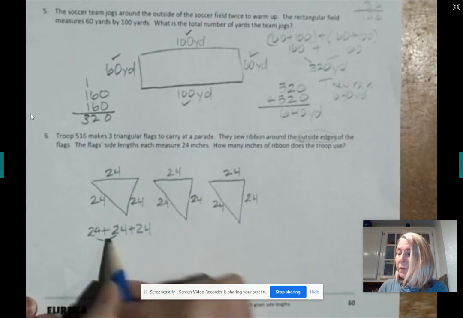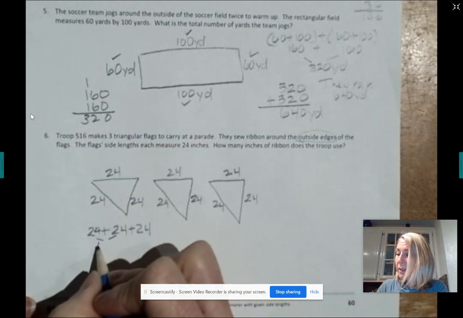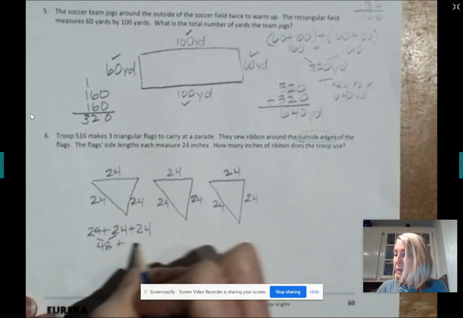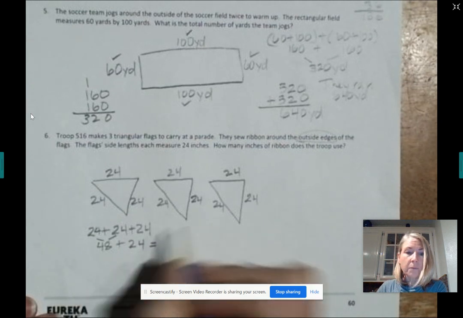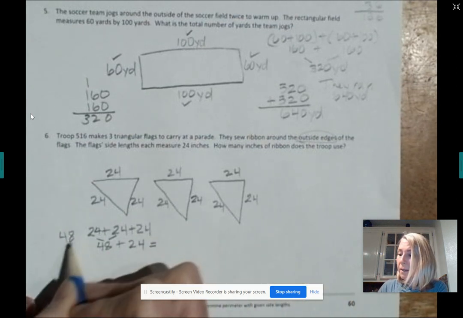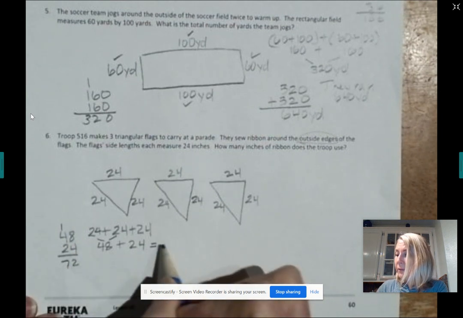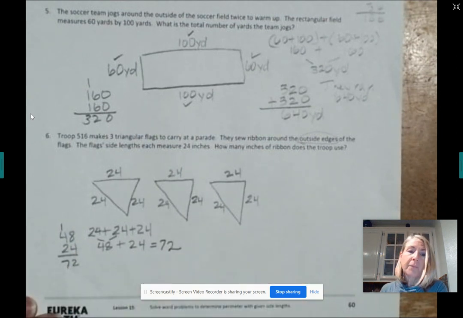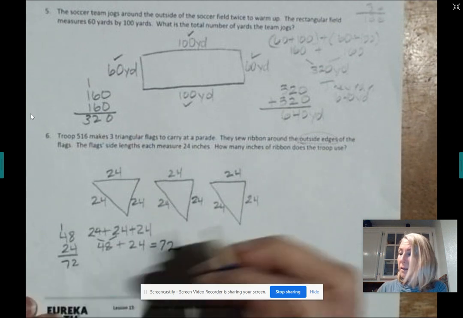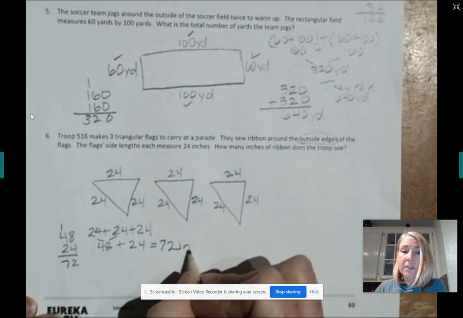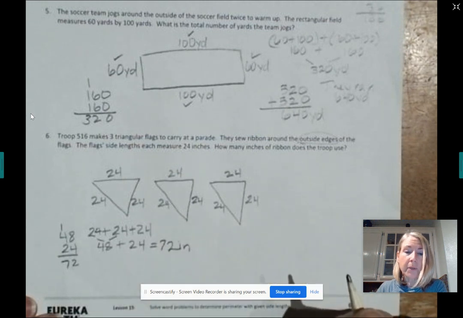We have 24 and 24 is 48, and 48 and 24, I feel regrouping. I'm going to go ahead and stack 72. Okay. So one flag is requiring 72 inches of ribbon to go around the perimeter.